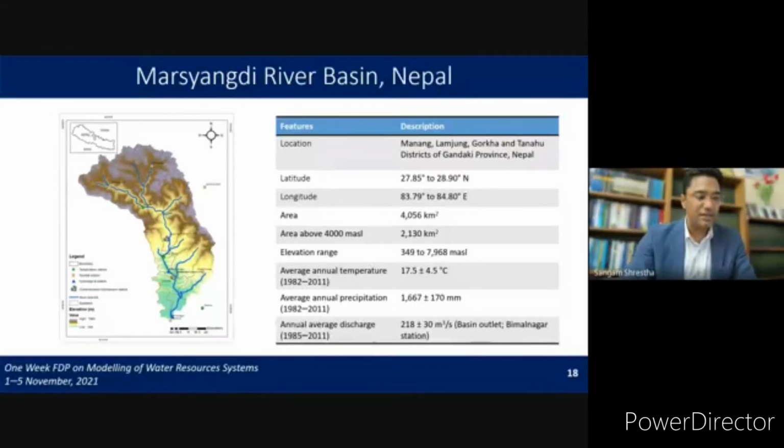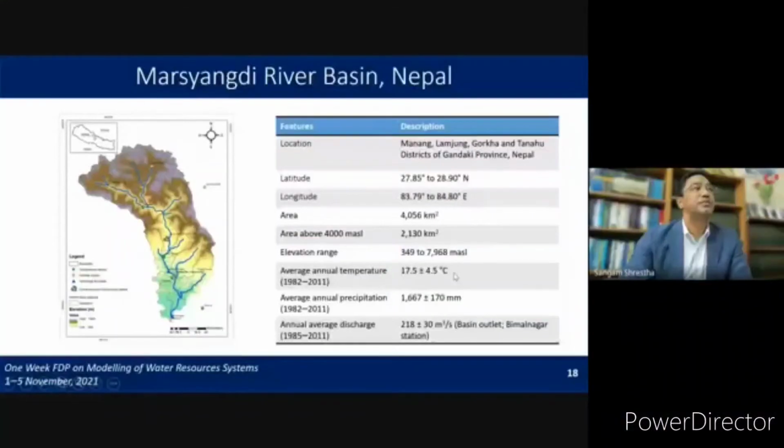And the annual discharge is about 218 cubic meter per second, which is at the Marshangdi River Basin outlet.